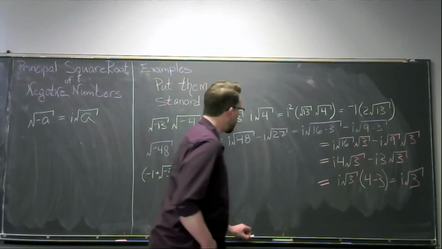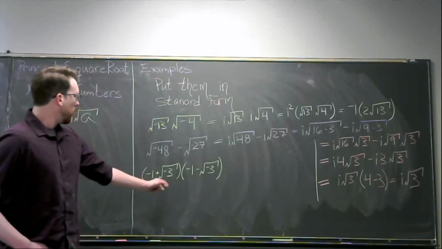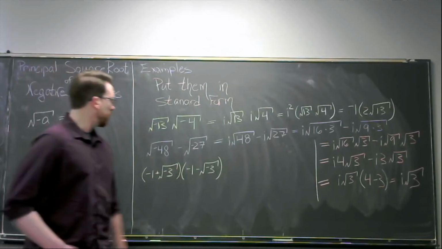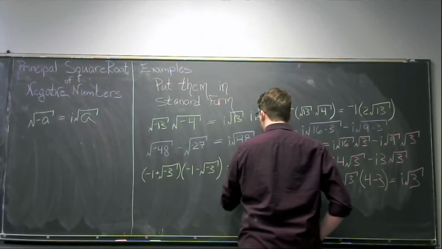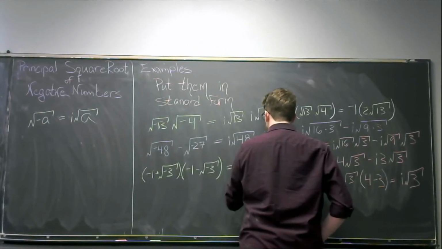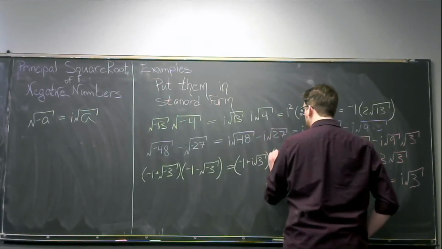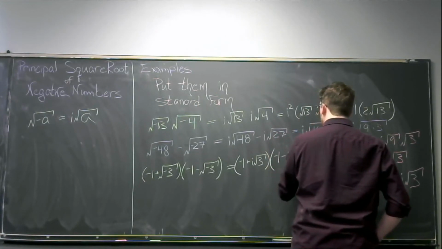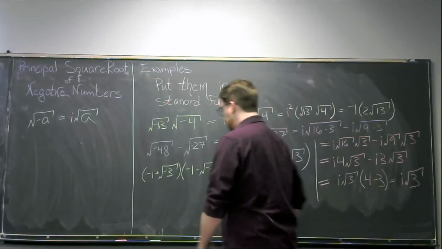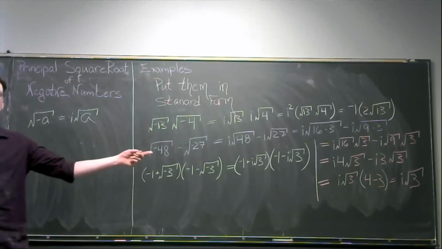And for this last problem, we're going to pull out that i first. When we do, we're going to have -1 plus i times the square root of 3 times -1 minus i times the square root of 3. Well, isn't that convenient?